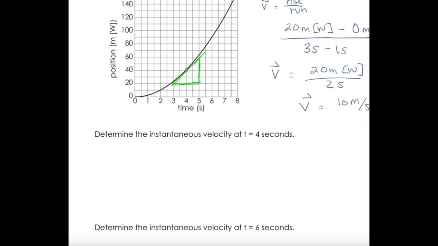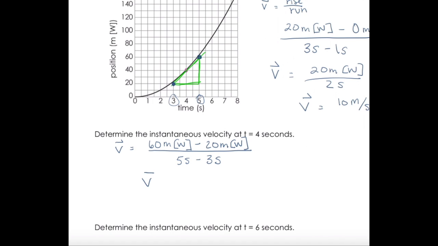Once again, velocity is going to be rise over run, or change in displacement or position over time. So v equals our ending position, which here is 60 meters west, minus the starting position here, which was 20 meters west, all over our ending time, which was 5 seconds, minus our starting time, which is 3 seconds.